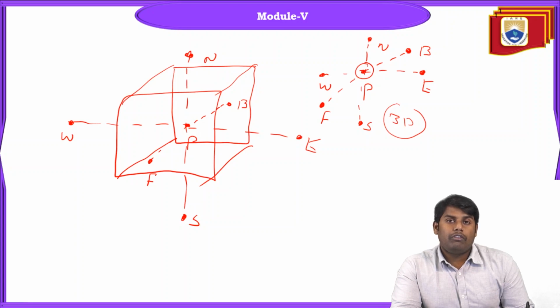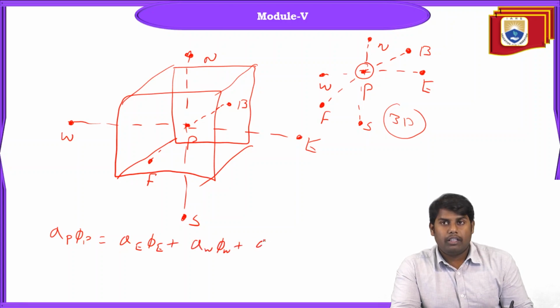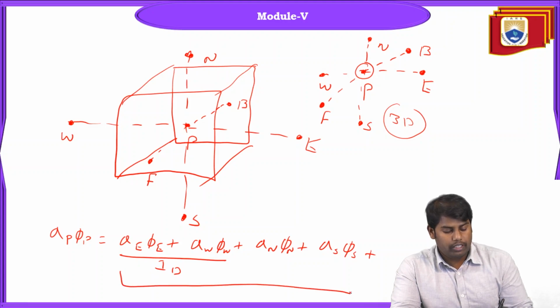Now, how would the equation change? AP phi P is equal to AE phi E plus AW phi W plus AN phi N plus AS phi S plus. These two are for 1D, and this combination is for 2D.